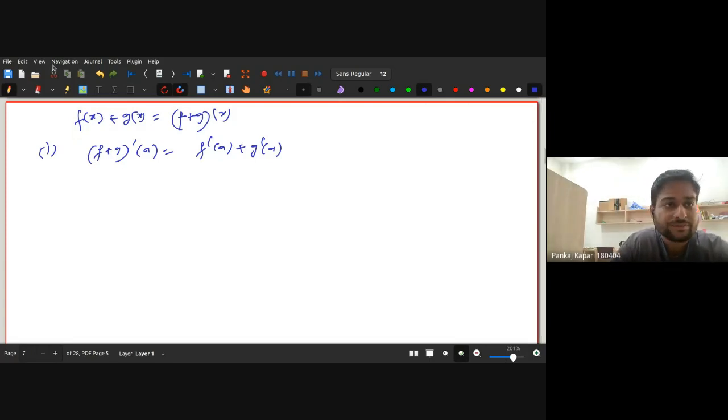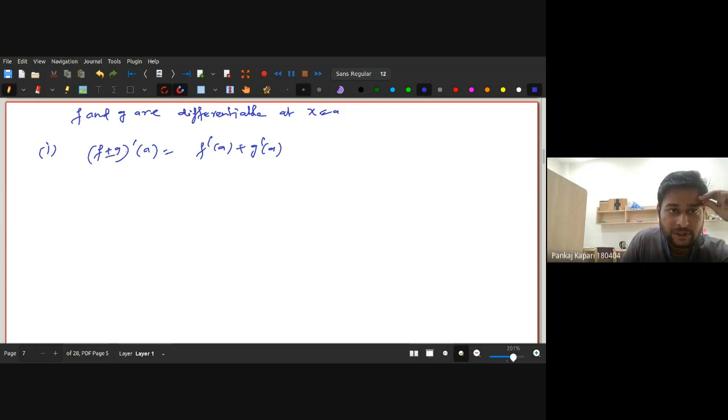So f and g are differentiable at x equal to a, and in that case this property holds.